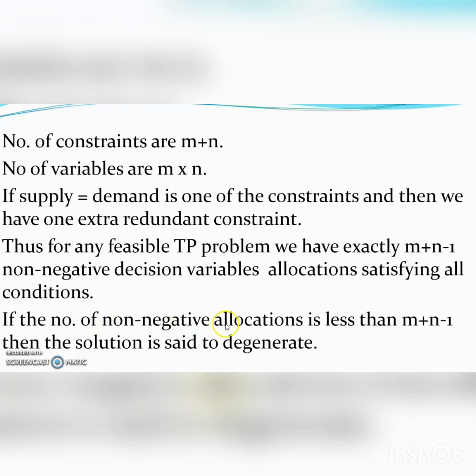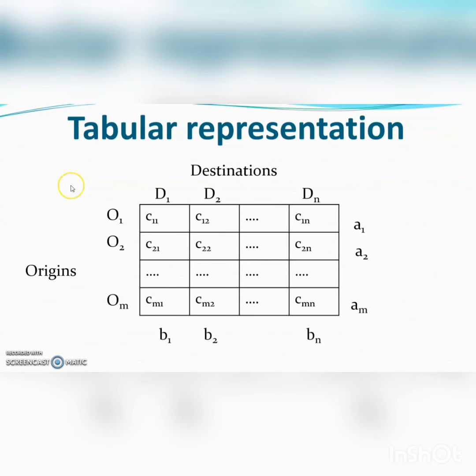If the number of non-negative allocations is less than m plus n minus 1, then the solution is said to be degenerate. A transportation problem is completely defined by this table. Here O1, O2, Om are the origins, and a1, a2, am are the capacities of the origins, and D1, D2, Dn are the destinations, where b1, b2, bn are the demands of the destinations.